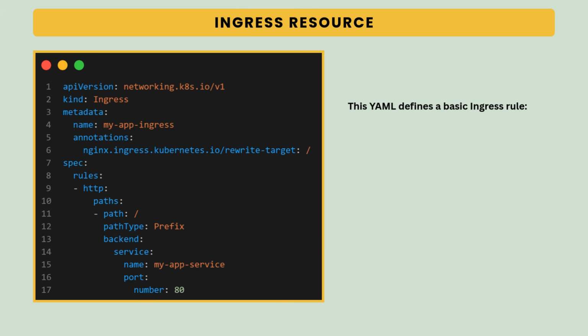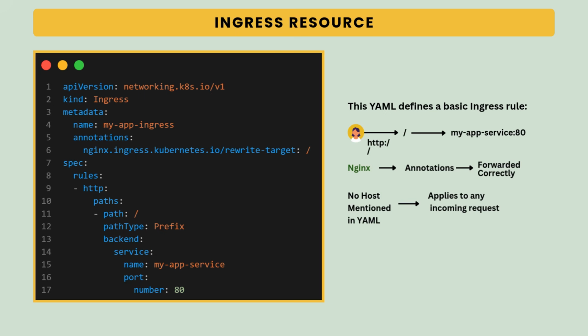Okay, so to summarize, this YAML defines a very basic ingress rule. Any HTTP request to this slash will go to the my-app-service on port 80. And if NGINX is used, the rewrite annotation ensures paths are forwarded correctly, and no host is specified here yet, so it applies to all the incoming requests.